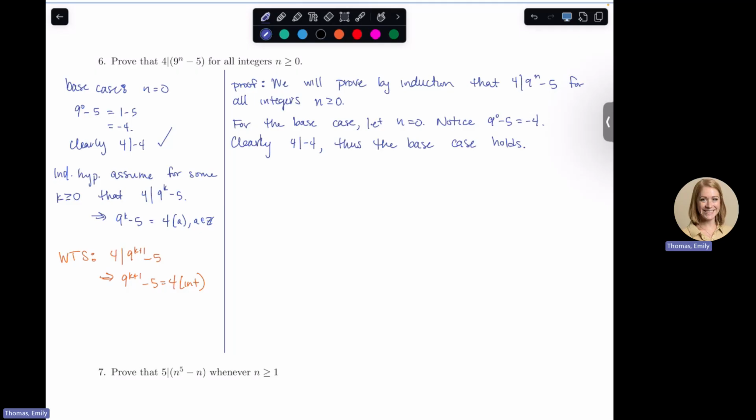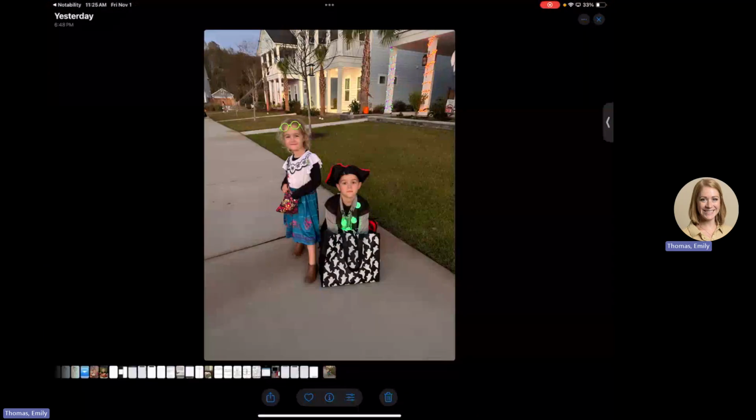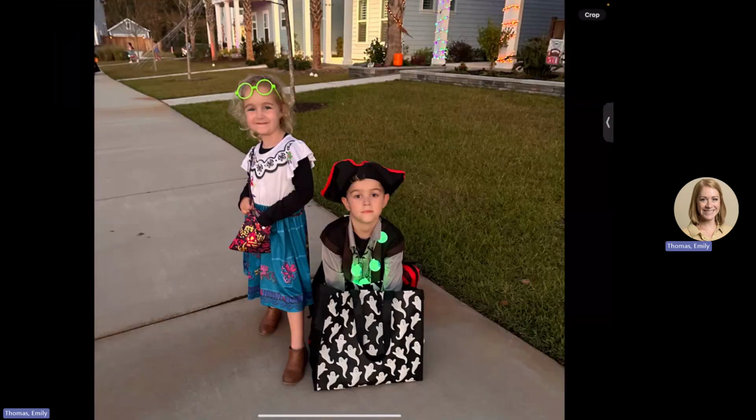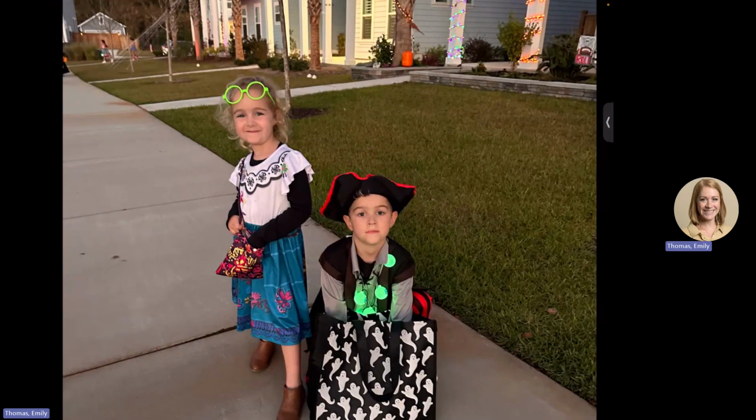Mirabelle from Encanto. What? I don't know why my son is not smiling. I bet I could find a picture of him actually smiling. Oh well. They had a good time.